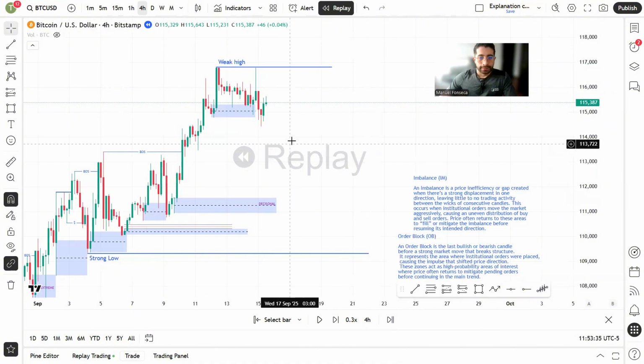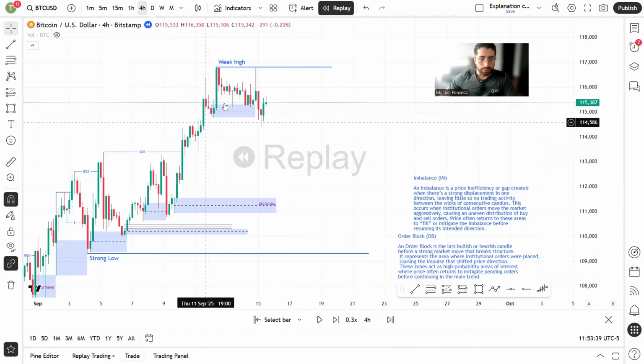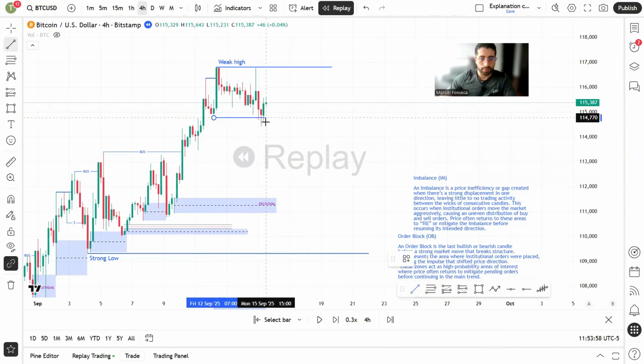Okay. All right, guys. So in this scenario we have potential, this is not the end of a range yet, because we have here a liquidity sweep right here. Is there a break of structure here to confirm a liquidity taken?